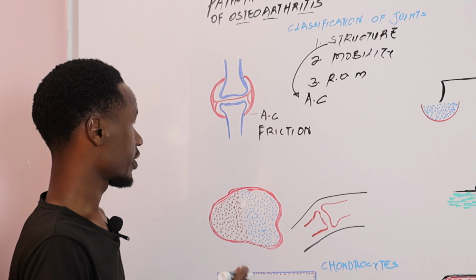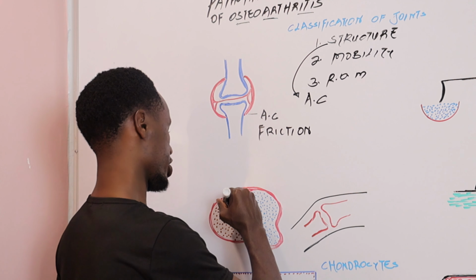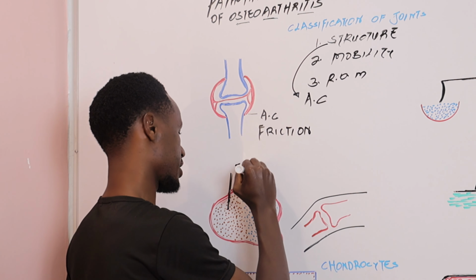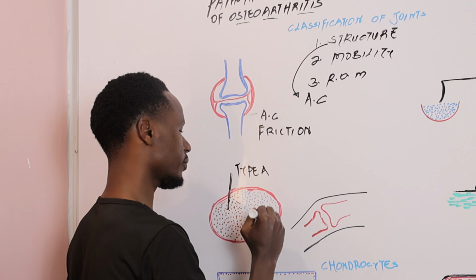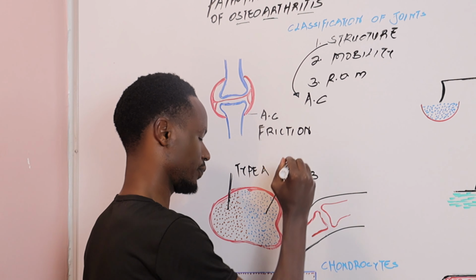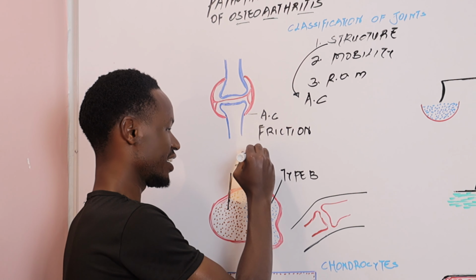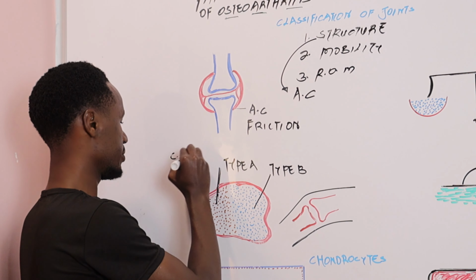Well, the articular cartilage has got two types of cells. We have got type A cells and we have got type B cells. For type A cells, what they do is that they fight cellular debris.